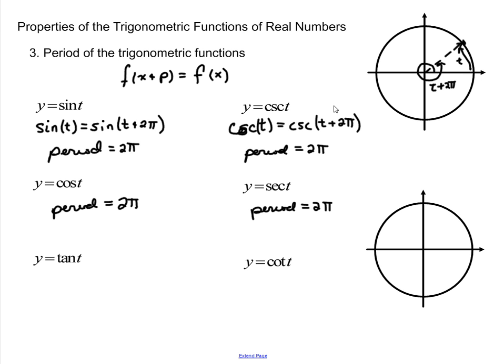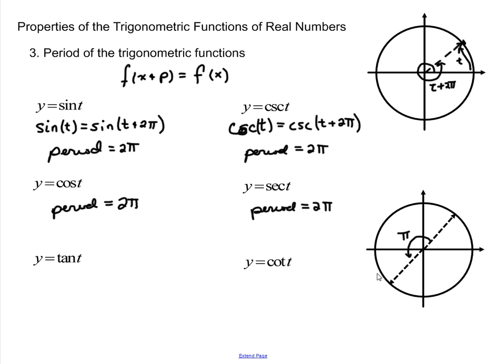It would turn out that it doesn't matter where we put them. If we found an arc length here, and we found the equivalent arc length here, the tangent value would be the same. Well, those are separated by a distance of pi radians.